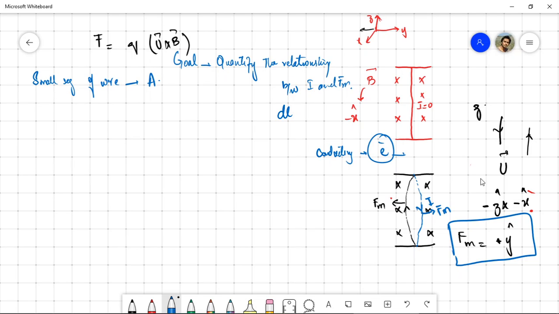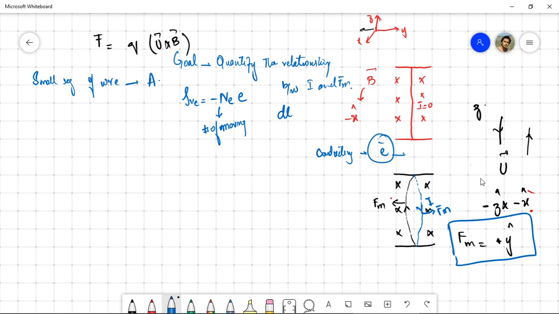If a wire contains free electron charge density minus Ne e, this Ne corresponds to the number of moving electrons per unit volume. We have studied this already.